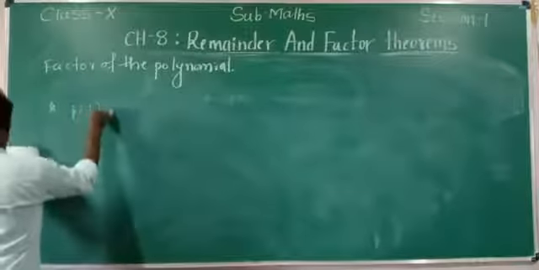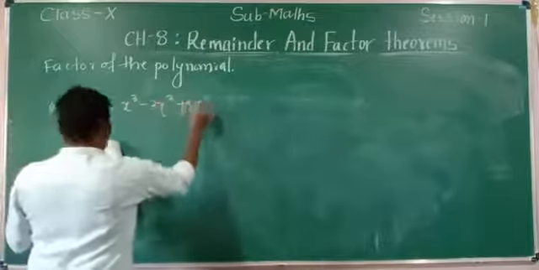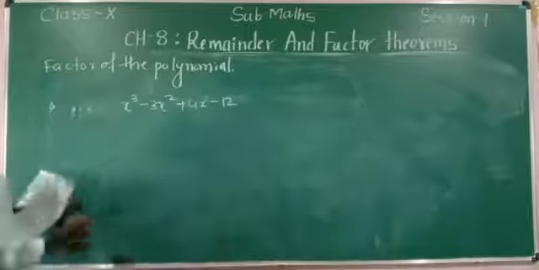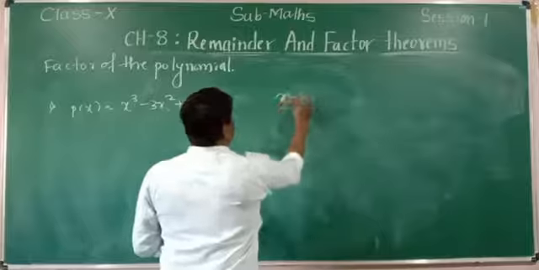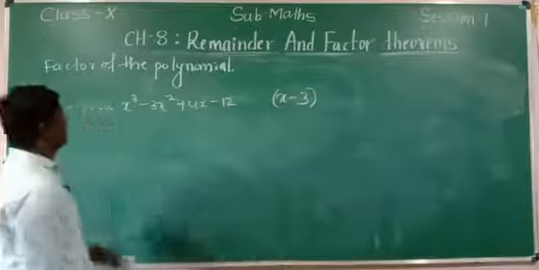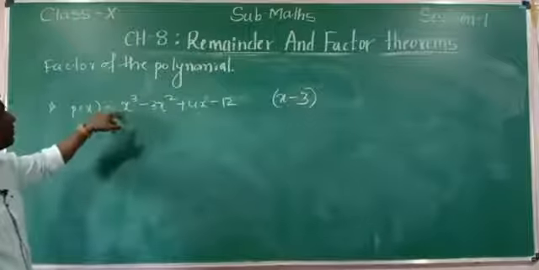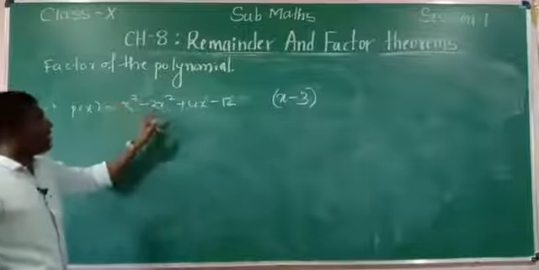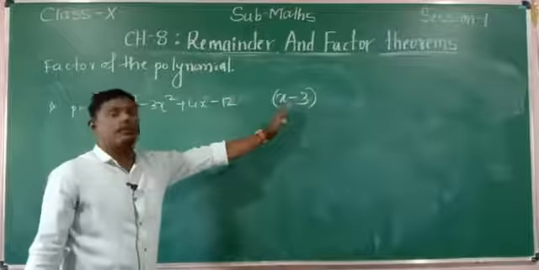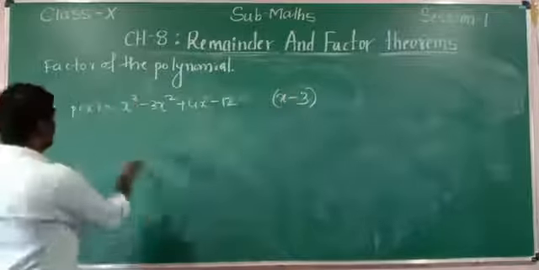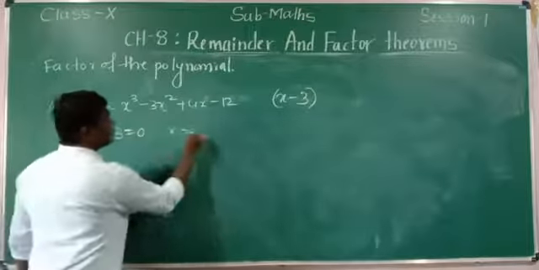P of x is equal to x cube minus 3x square plus 4x minus 12, divisible by x minus 3. So here one polynomial is given: x cube minus 3x square plus 4x minus 12 is divided by x minus 3. So x minus 3 is equal to 0, then x is equal to plus 3.